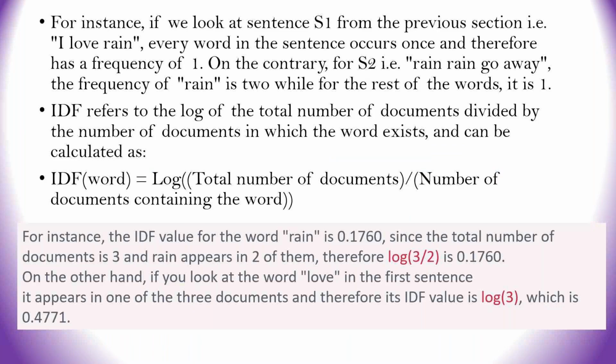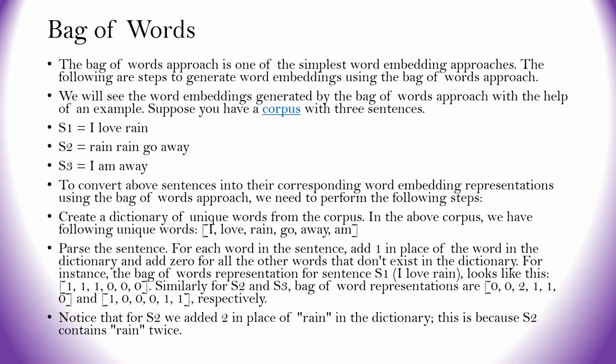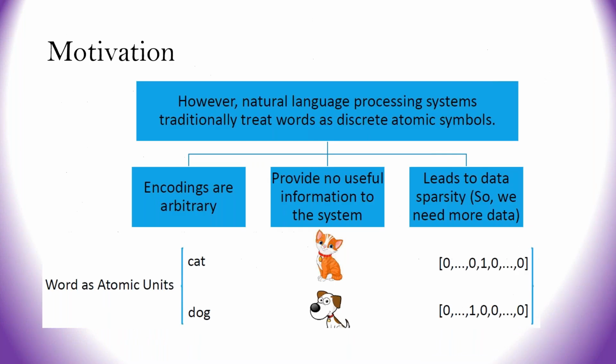And next, these two are very simple approaches. We usually follow them up. The last approach is very much useful, where deep learning things are done using the word2vec model. Most natural language processing systems traditionally work based on atomic symbols.